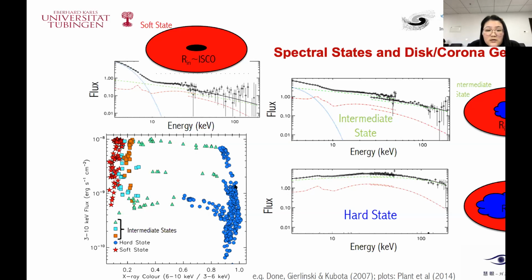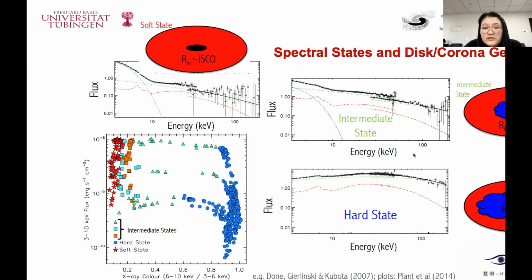The energy spectral shape changes with different states. For example, in the low hard state, you will see the spectrum is dominated by the emission from the corona. You will see a power-law shaped spectrum with a very flattened photon index in the energy spectrum.